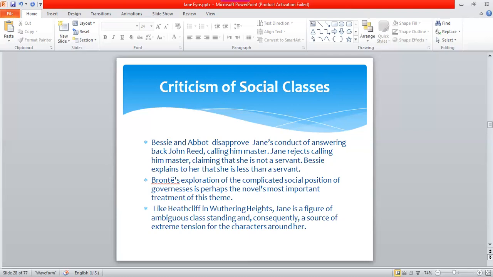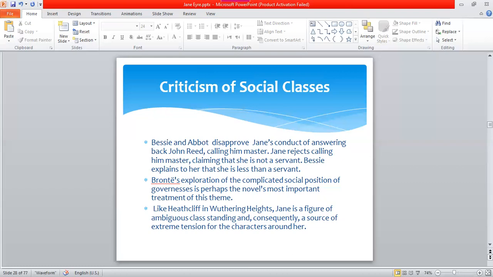And Jane is a kind of servant, or less than a servant, who must obey her master. Jane refuses calling him master, claiming that she is not a servant. But Bessie explains to her that she is less than a servant because she doesn't work in order to provide for herself.